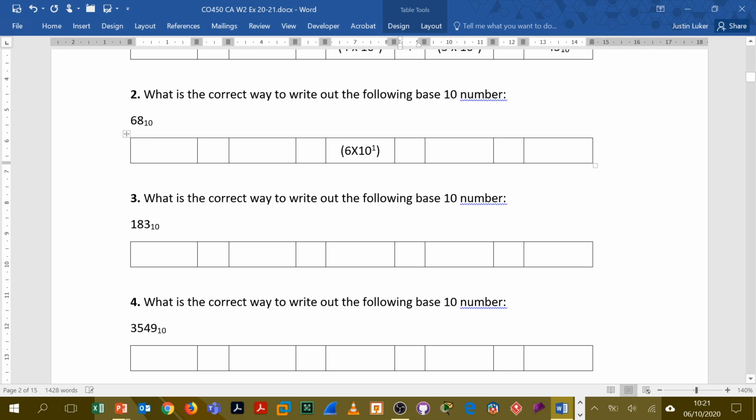And we could do that as plus 8 times 10 to the 0. And that would be equal to 68 in base 10.